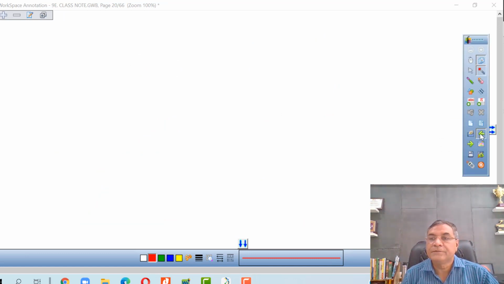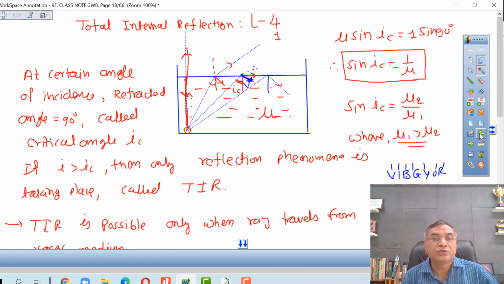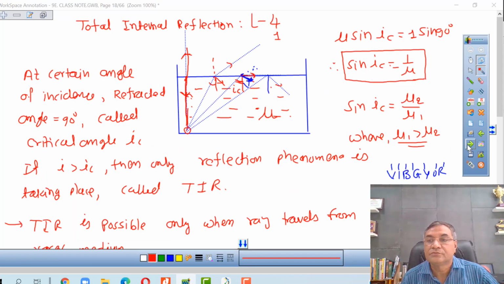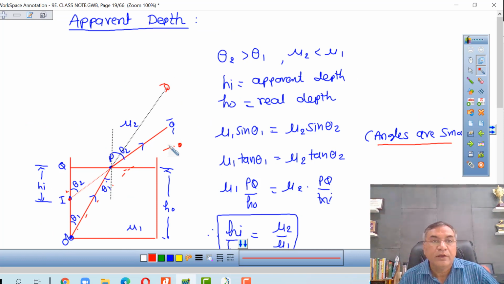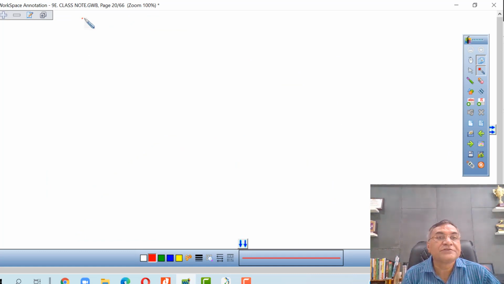So as we discussed two things, total internal reflection and apparent depth and real depth with their relation. This total internal reflection is very much useful in communication using optical fiber.